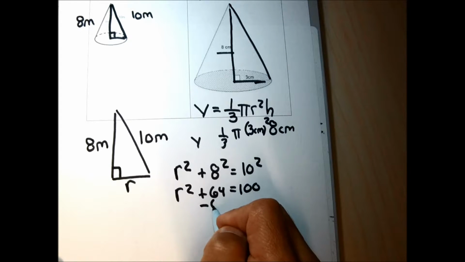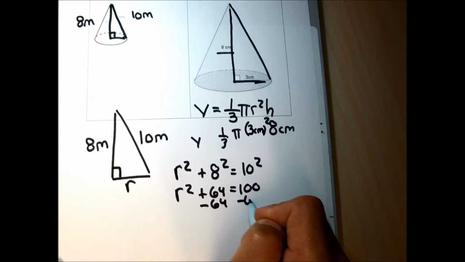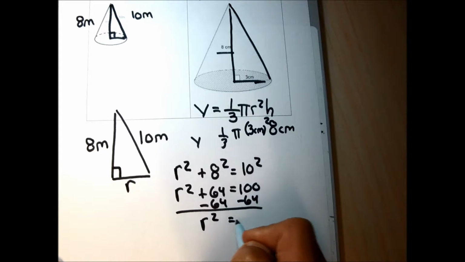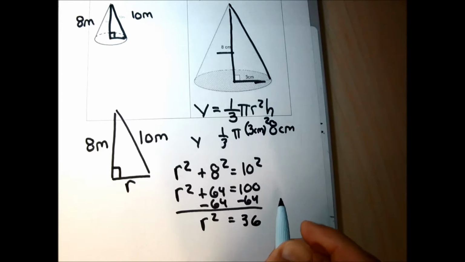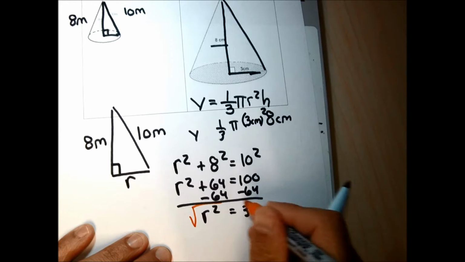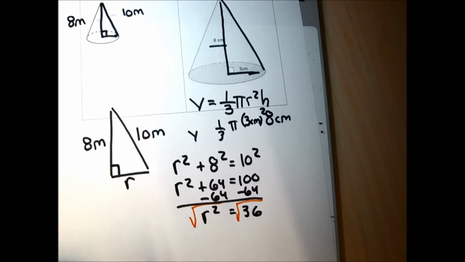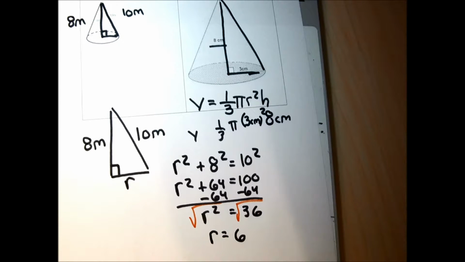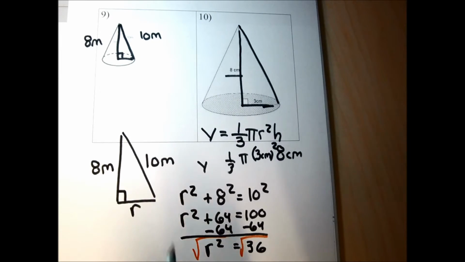I'm going to subtract 64 from both sides. I get r squared equal to 36. And then I square root both sides. I don't need the plus or minus because this is length. So for your problem 9, the radius is going to be 6. And the units are meters because all my lengths are in meters.